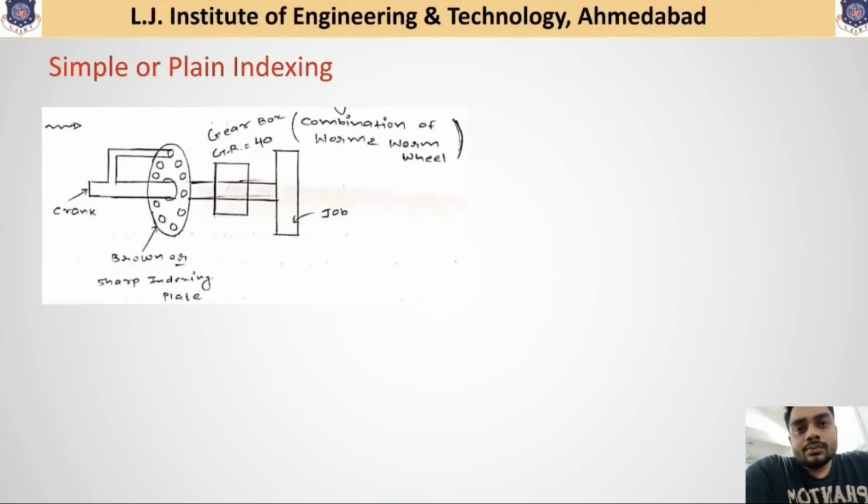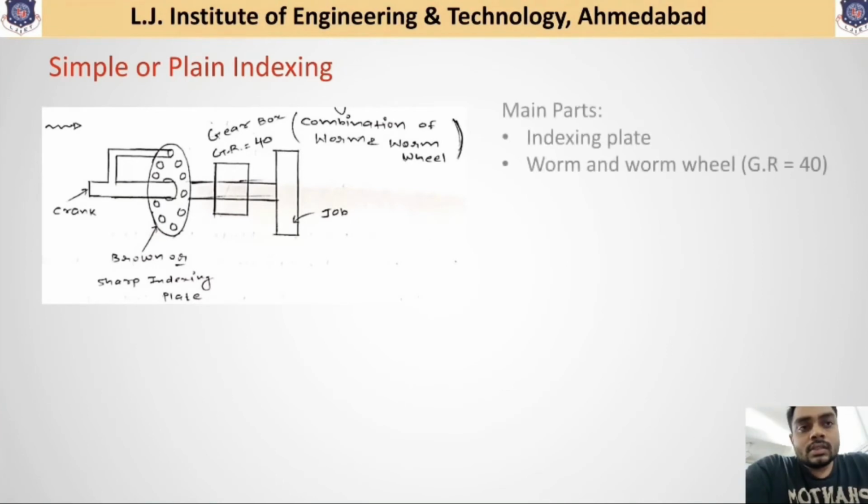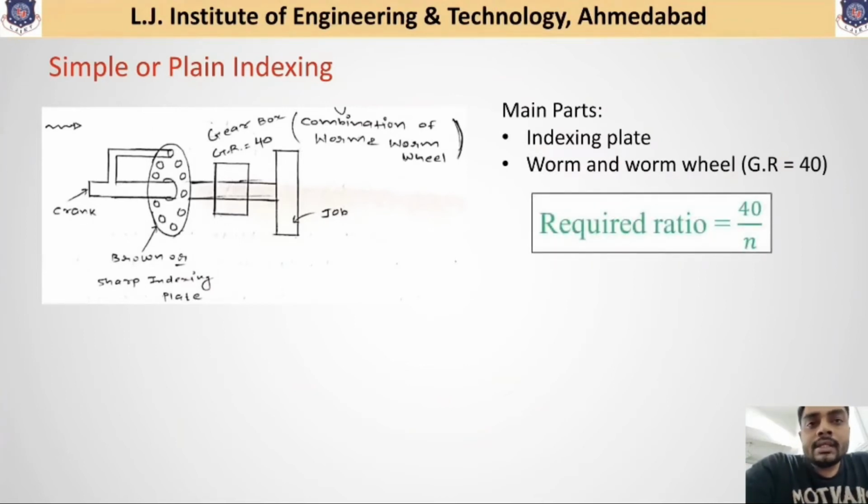So now let us have a look. It has main parts. The first one is the brown and sharp indexing plate, and another one is the worm and worm gear, which has ratio 40. For this simple or plain indexing, the required ratio can be obtained using the equation 40 divided by n.